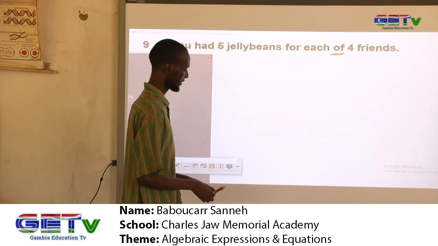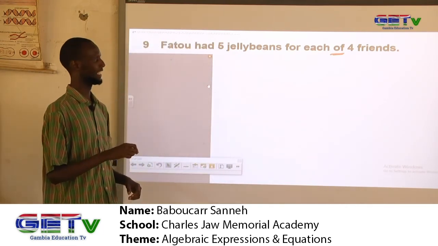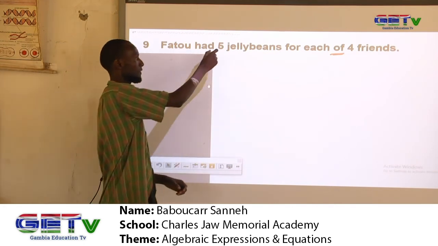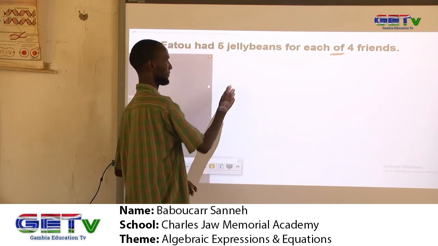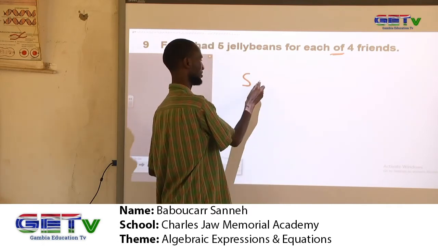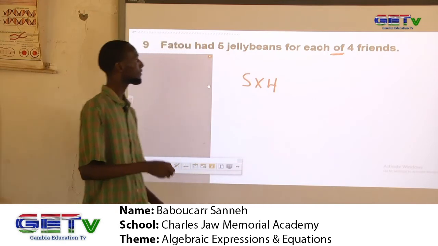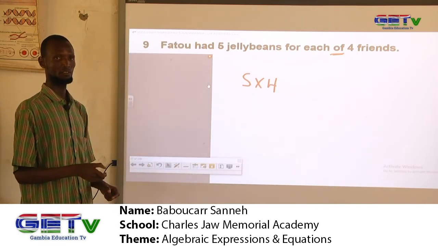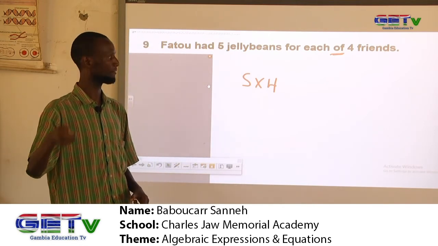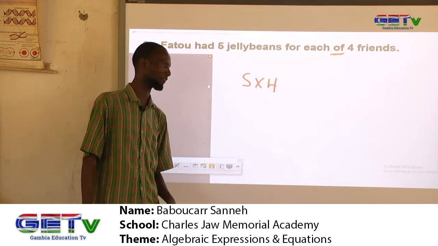If you just refer back to your order of operations, O is of and of indicates a multiplication. So Fatu had 5 jelly beans, so you get 5 for each of the 4 friends. That is going to give you times 4, because he is giving 5 jelly beans to each of the friends. So you're giving 5, 5, 5, 5 to 4 friends. So that gives you 5 times 4. So that will be the expression for that.